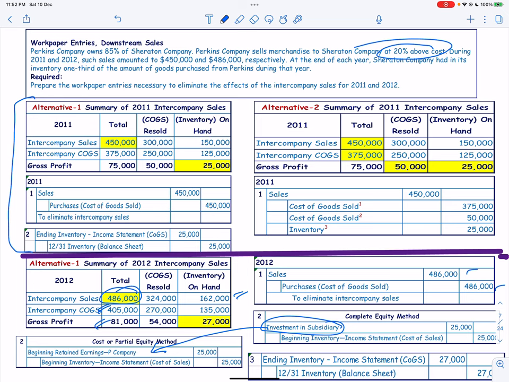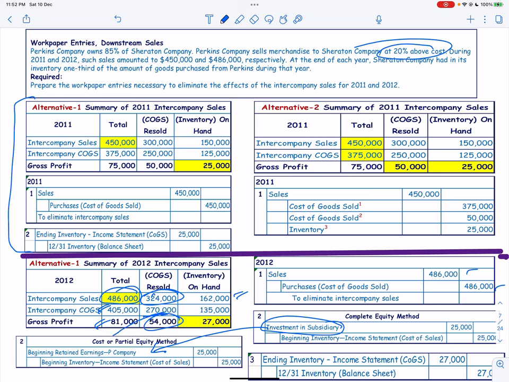We are having an inventory of 162, so 486 minus 162 is 324, and 405 minus 135 is 270, and we have the gross profit.